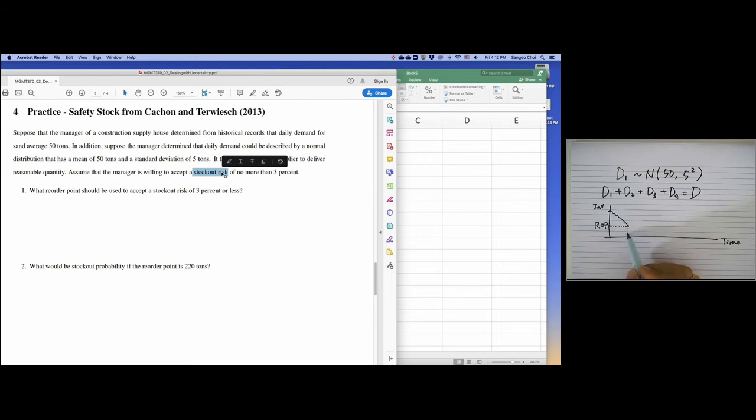Then from this day, it takes 4 days. During these 4 days, your demand can be low enough to manage your inventory, or in some cases your demand can be very high. Then your inventory can go down or negative. If you have a negative inventory, then in that case you have a back order.